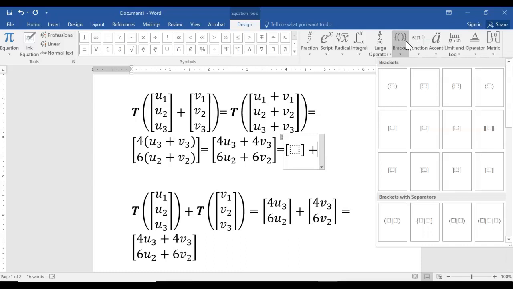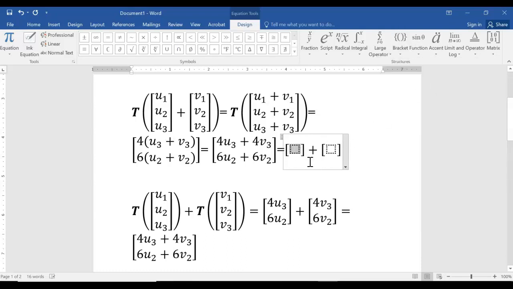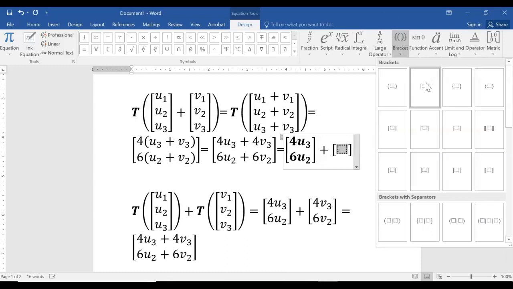You could have factored that single vector into a sum of two different vectors: 4u3, 6u2, and then for v3, I forgot to put two entries in there, 4v3, 6v2.